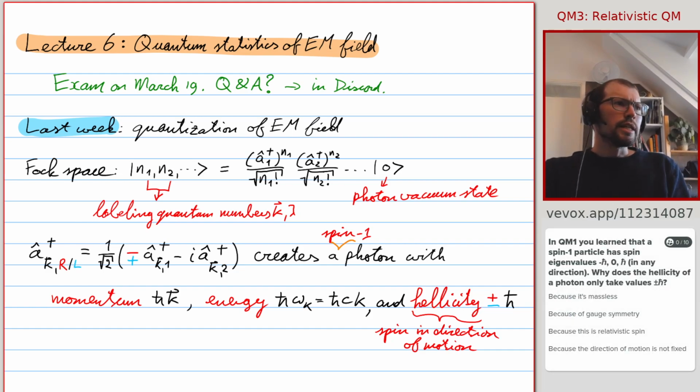So there we saw that the spin eigenvalues, say in the z direction or the x direction or the y direction, would always take eigenvalues minus h bar, 0, or h bar. And now we see that if we look in the direction of motion of this photon, then it can only take the plus h bar and the minus h bar. So why is this?